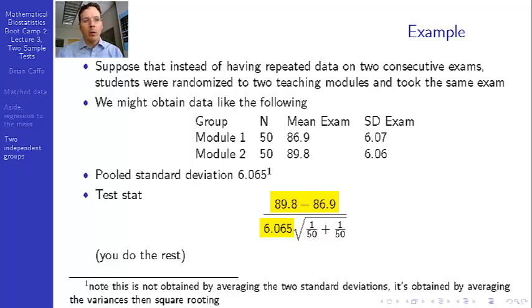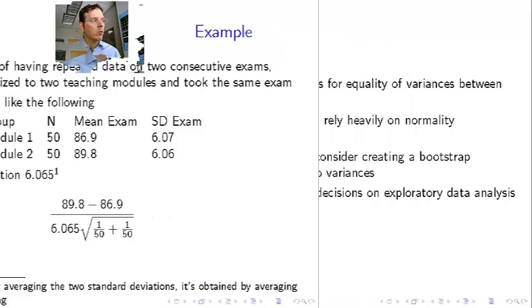You wind up with 6.065 times the square root of 1 over 50 plus 1 over 50. And that's your test statistic, and you do the rest. You check whether this test statistic is big enough to reject. The sample sizes are big enough that you can just compare this to a z distribution. The difference between a z and a t is irrelevant for a sample size this large.